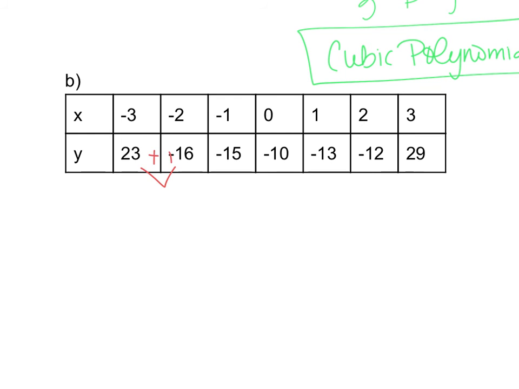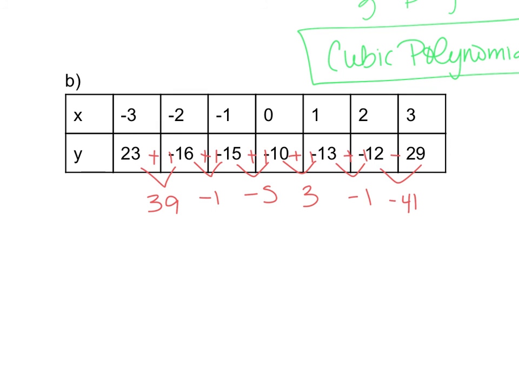So 23 plus 16 would be 39. -16 plus 15 would be -1. -15 plus 10 would be -5. -10 plus 13 would be 3. -13 plus 12 would be -1. And then -12 minus 29, so that would be -41, I believe.